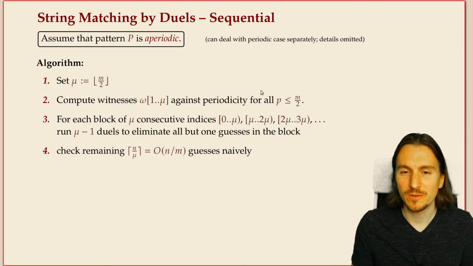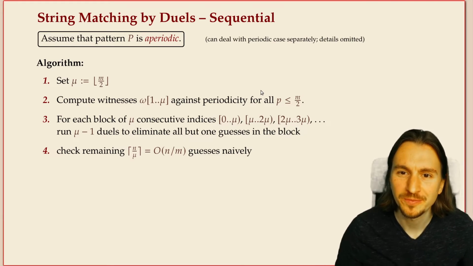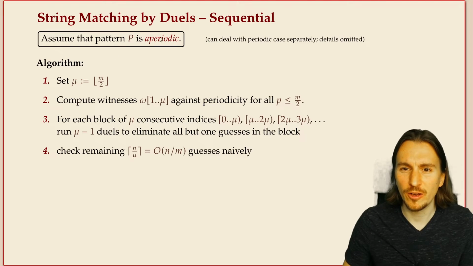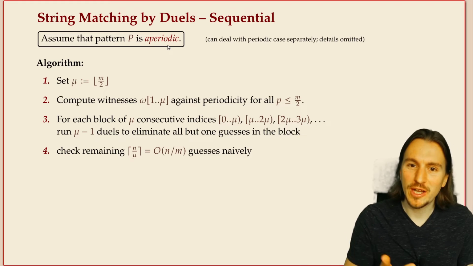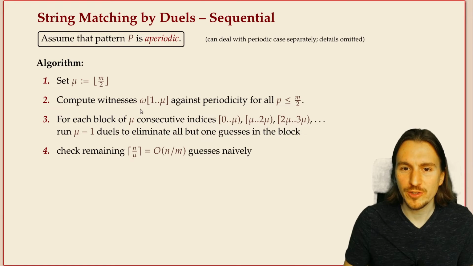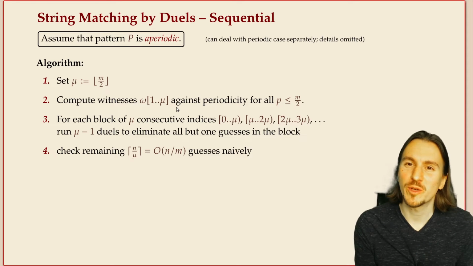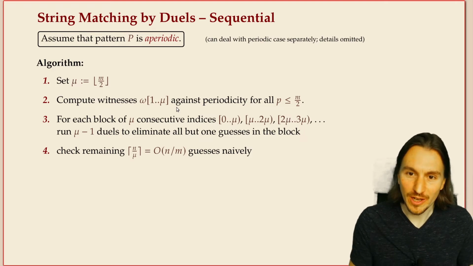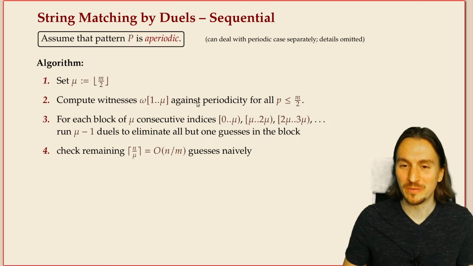So if you want to turn this into a more systematic algorithm, here's what you do. In all that follows, I will assume that the pattern is aperiodic. So what you'll have to do is you will first compute this witness table. And in the process of computing this witness table, you will either find, I found all the witnesses, and then you know it's aperiodic by definition.